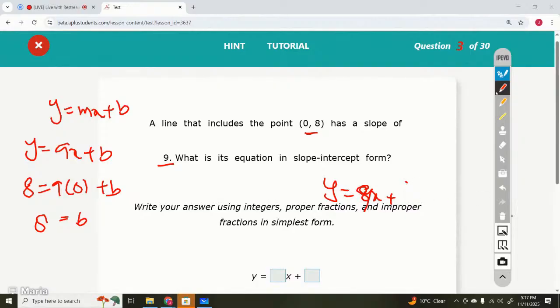The equation is y equals 9x and b is 8. y equals 9x plus 8.